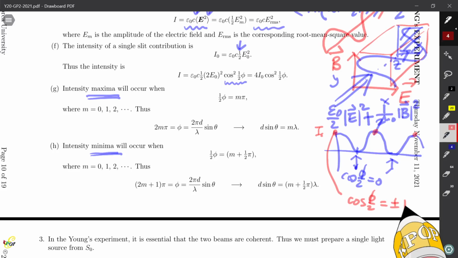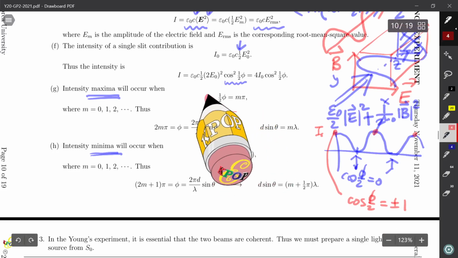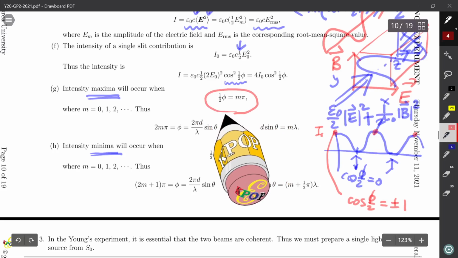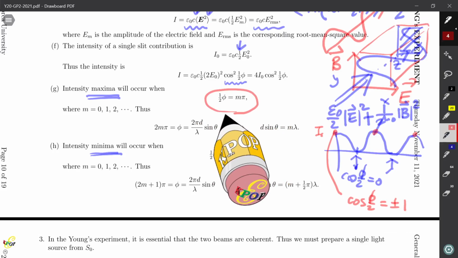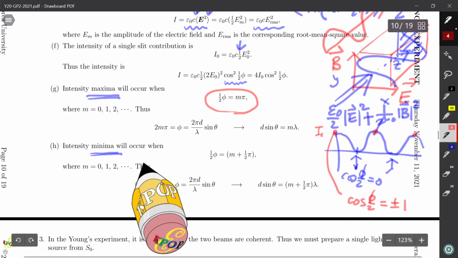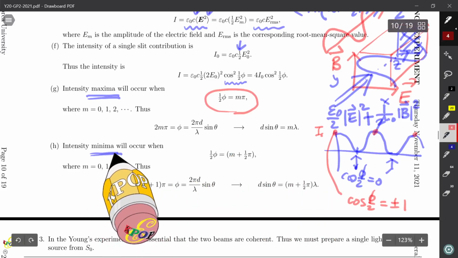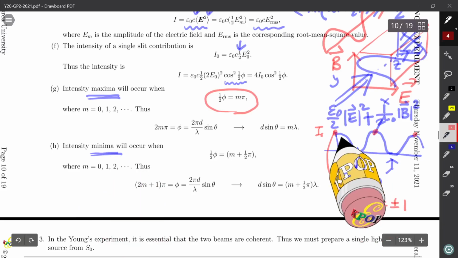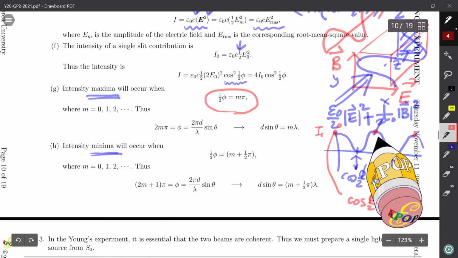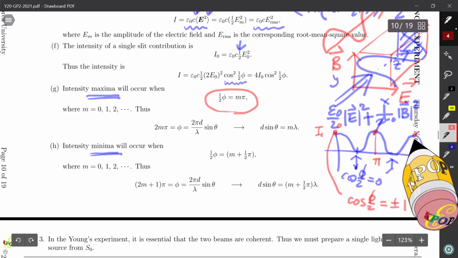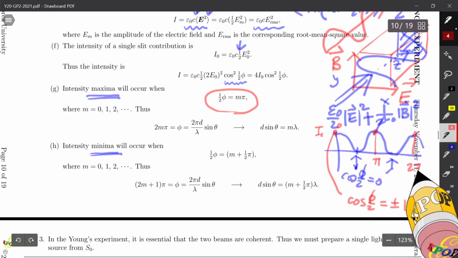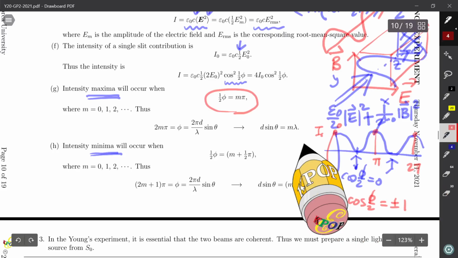The solution is this one. When we have minimum values, this is 0, pi, 2 pi, and so on.